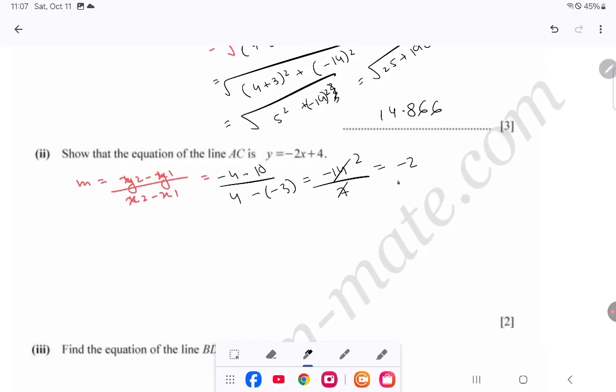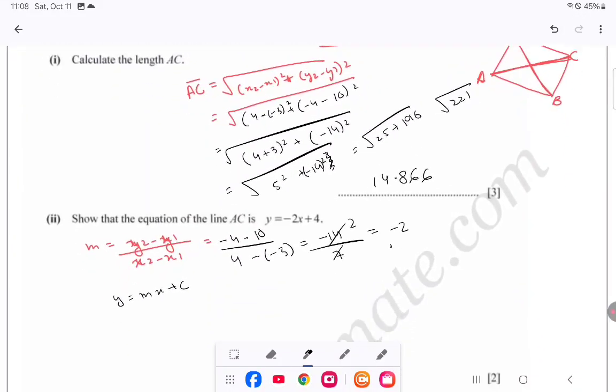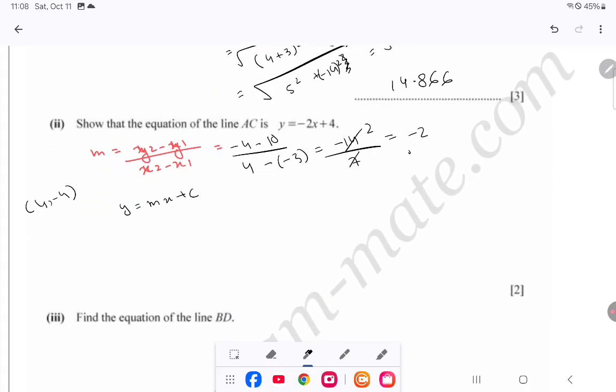Now in order to calculate the c, use the line equation. Y is equal to mx plus c. Put any 2 points of A or C. If we put the 4 into negative of 4, which is the value of C points. Now y is negative of 4 right here.